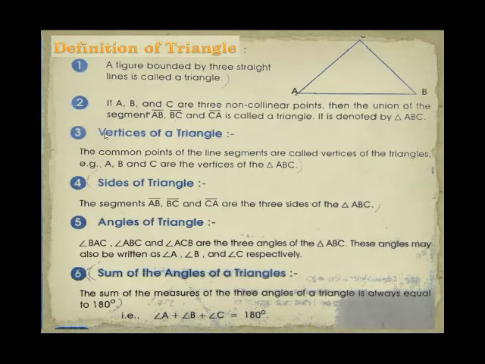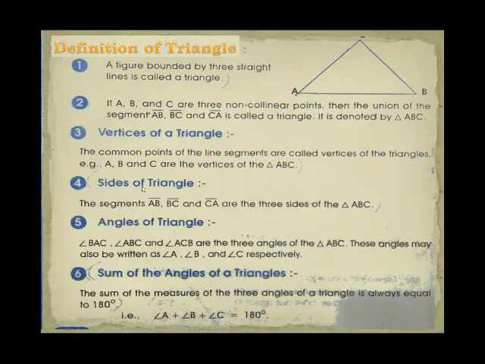Now, the second thing is the vertices of a triangle. As we saw previously, the common points of the line segments are called the vertices of the triangle. For example, A, B, C are the vertices of the triangle. In our previous figure, we see the 3 non-collinear points and we join them with line segments, so they are called the vertices of the triangle.